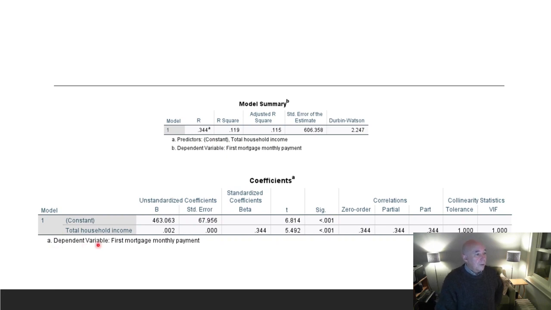Okay, so my dependent variable is mortgage payment, right? Household income is my independent variable. As household income increases by $1, this beta value here increases by that amount of what it's being measured in. In this case, 0.2 of a cent. Really, not very much, but still an increase, and it's a real increase.